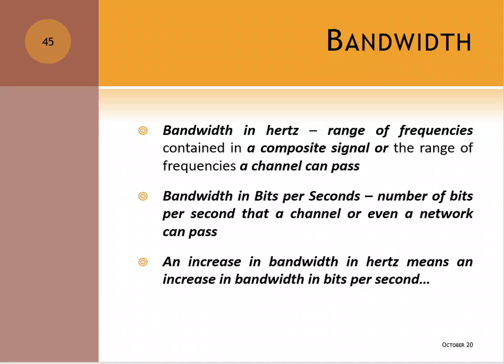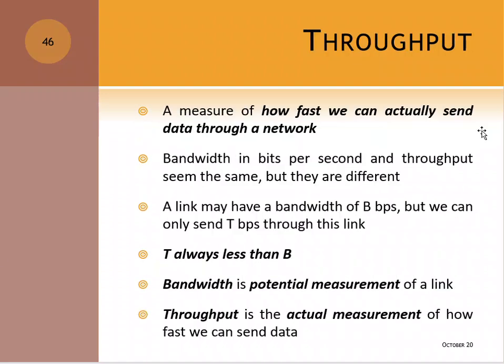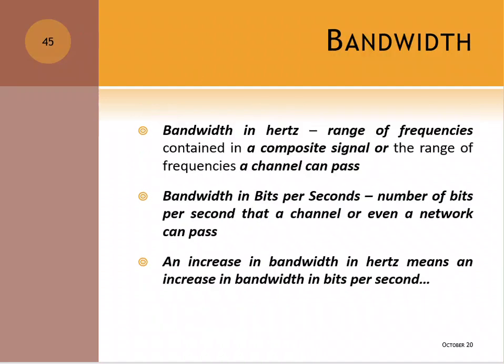So samalah juga dengan kalau the range of frequencies is wide, so the number of bit per second that a channel can pass also more. Okay, next, throughput. Throughput actually is a term to measure how fast we can actually send data through a network. Okay, bandwidth in bit per second and throughput seem the same. Okay, so tadi kita tengok bandwidth also can be expressed in bit per second, number of bits a channel can pass.